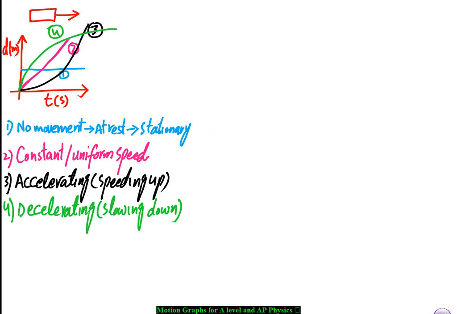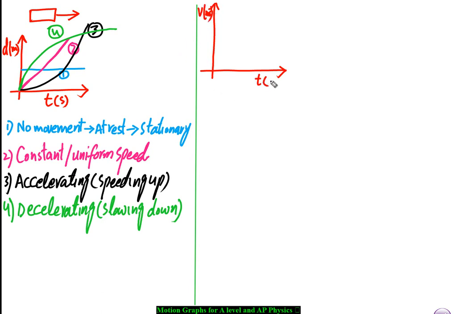Now let's move on to the next one, the velocity time graph. How can we draw the velocity time graph? Let's say on the y-axis we have velocity, unit is meter per second, and on the x-axis we have time, its unit is seconds.